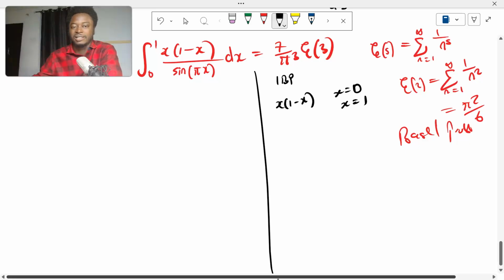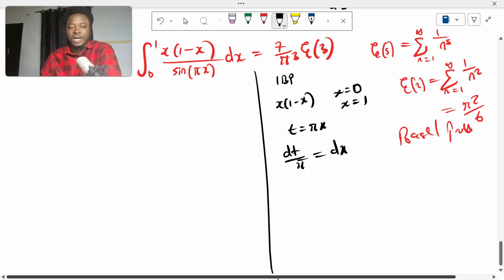Let's simplify things. First, take t to be pi x. Now, obviously, dt over pi would be dx. Then when x is 0, t will be 0, but when x is 1, t will be pi.